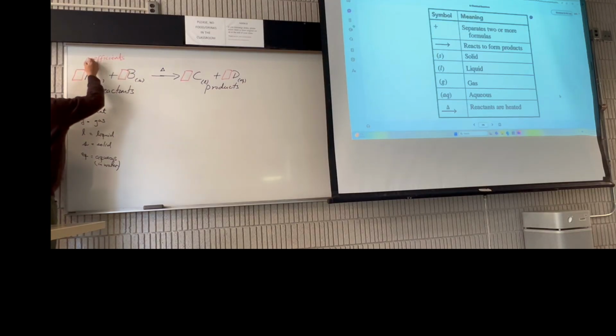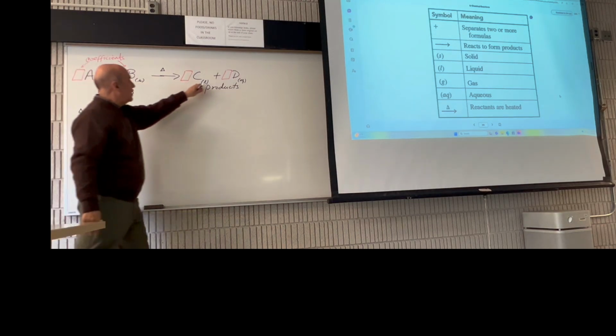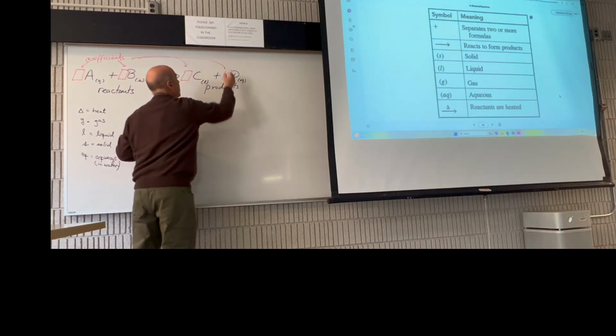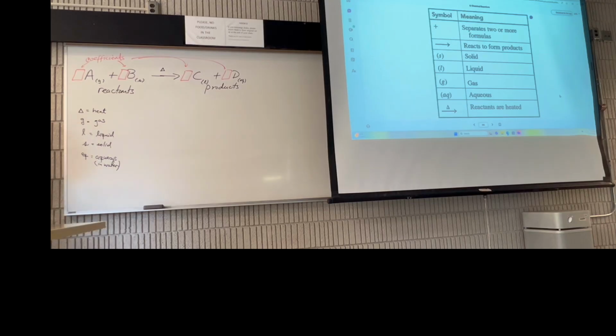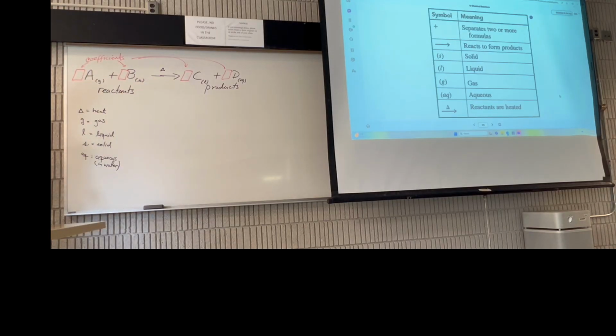And coefficients just tell you the number of items involved from every particular chemical. So these boxes may have a value of 1, which we don't write, or they could be 2, 3, 10, always whole numbers, always integers. Again, if they are ones, we don't write them. If they're 2 or any other integer, then we need to indicate them there. And they're just simply known as coefficients.